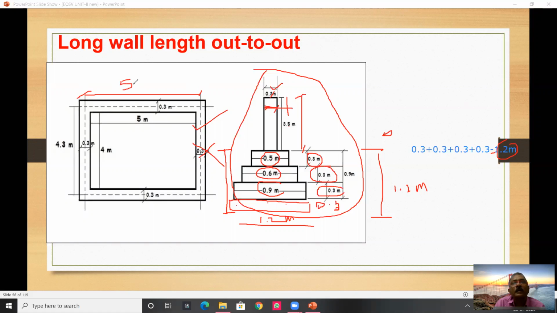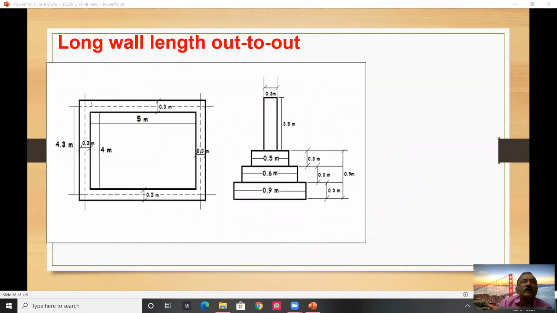5.3 meters. Now I want the excavation out to out. This is 1.2 meters. So suppose your excavation is like this. See, always you have to check for this. I will clear all this and explain.